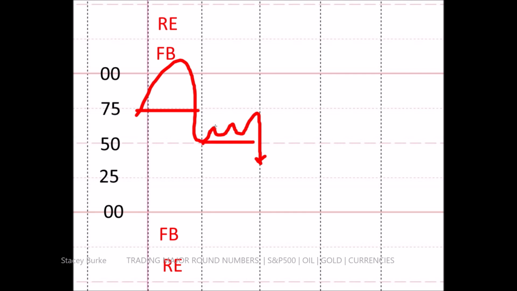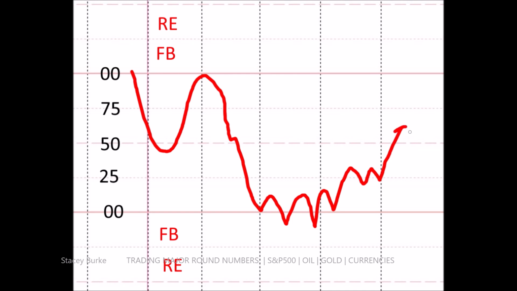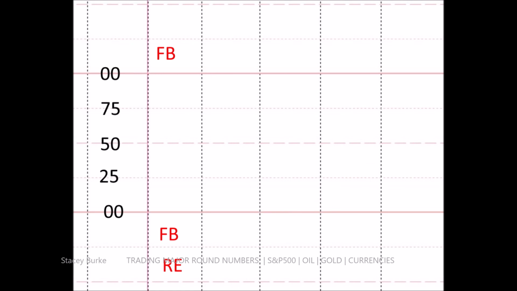That can be a US session trade, it can be an Asia trade. We can get a day 1, day 2, day 3, first green day for a trend trade on the Friday. There are all different scenarios, but if you master these boxes, the rest of the setups will come together.